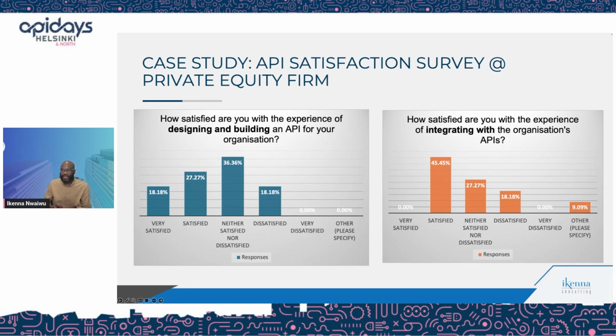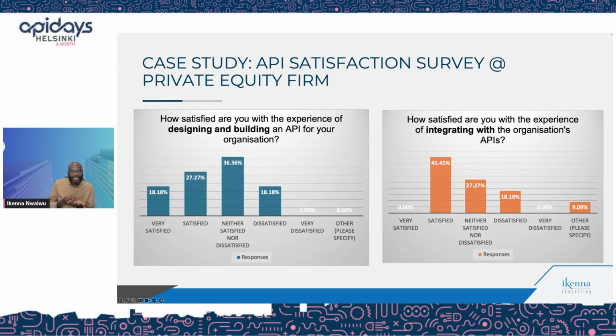Some decided to be in the middle, and where people are in the middle, neither satisfied nor dissatisfied, we usually went in with further questions in user interviews to drill down and really uncover things that maybe they couldn't say clearly in a survey that just has 5 points on a Likert scale.